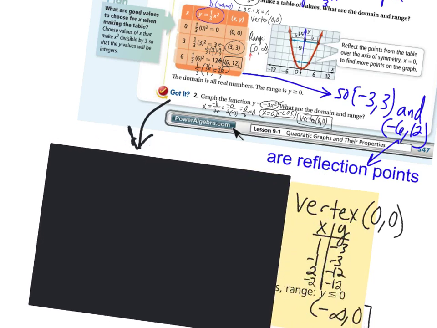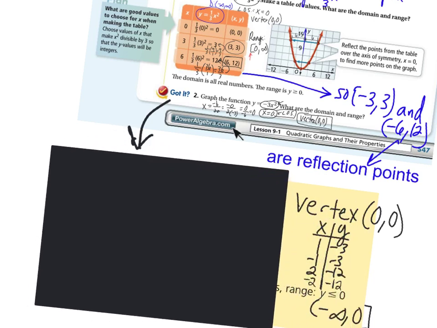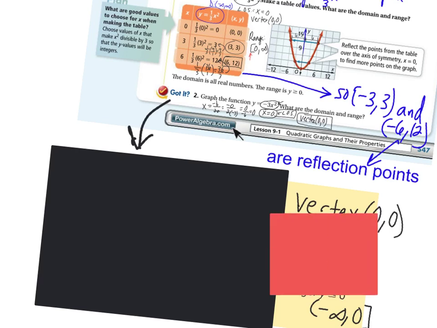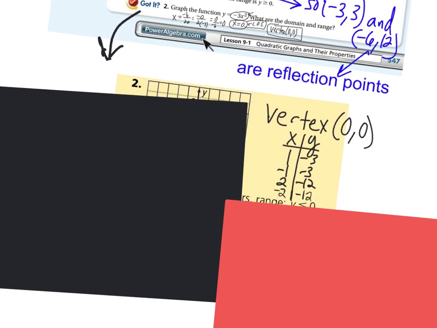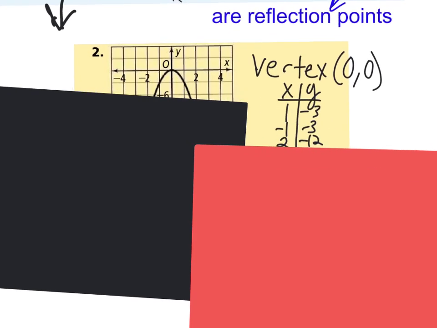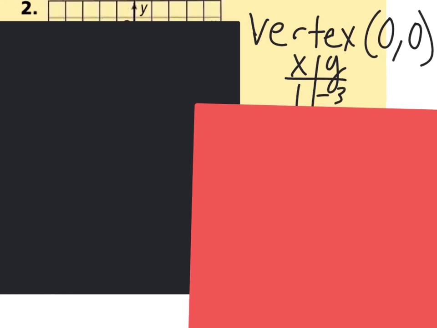If I put a 1 in place of the x, I should get negative 3. Okay, so we put a 1 in place of the x and we get negative 3. Remember, our equation was y equals negative 3x squared.